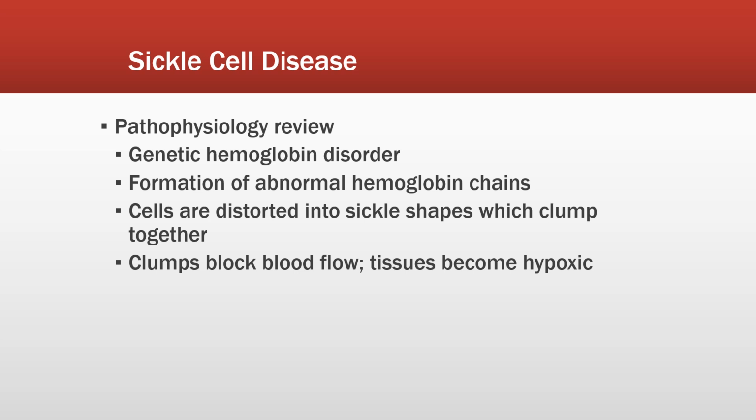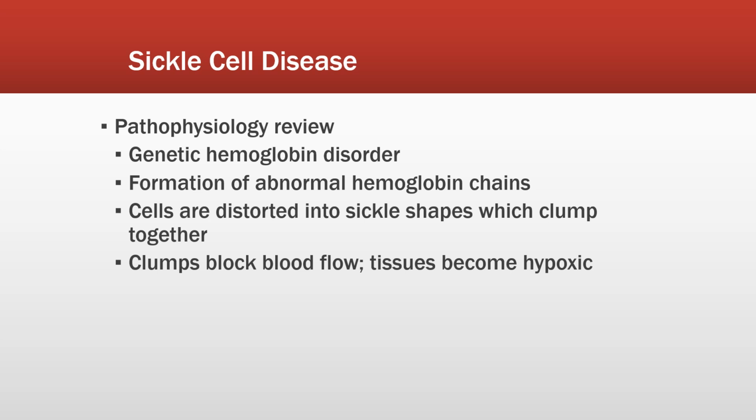They look like a sickle shape, and not only that, these sickle cells clump together, so they block blood flow. And as you know, when the blood flow is blocked, the tissues are not going to be able to get the blood and the oxygen that they need, becoming hypoxic. This is one of the most severe forms of hematologic or hemoglobin type disorders.